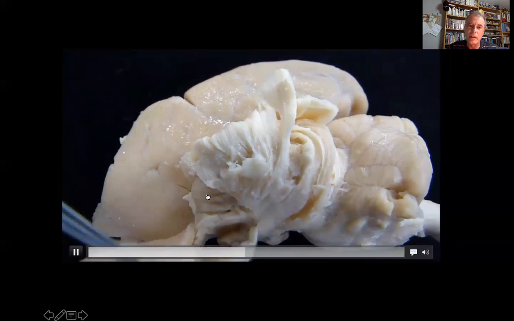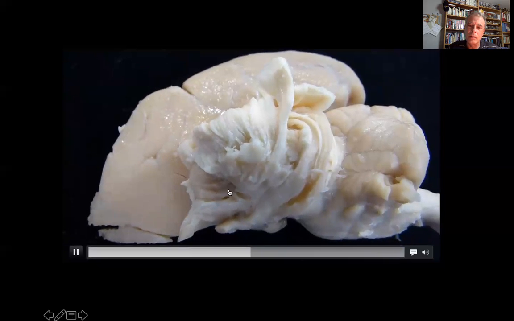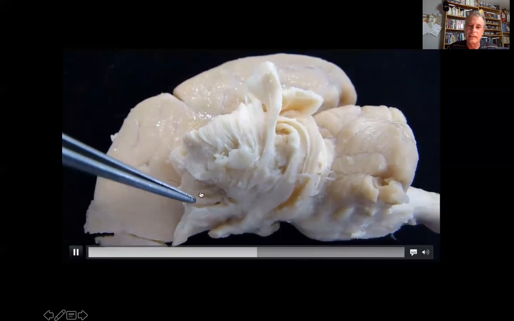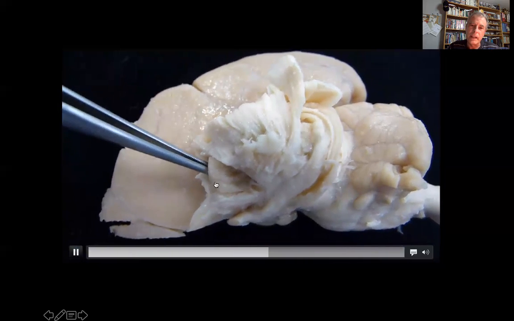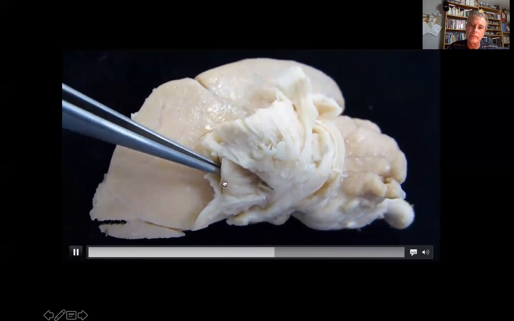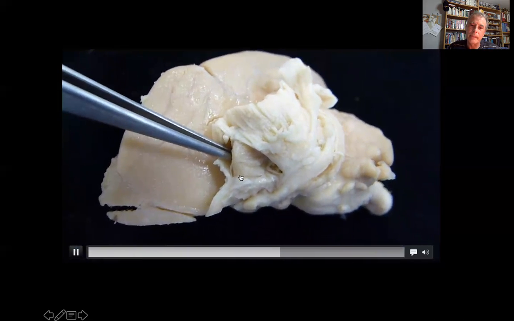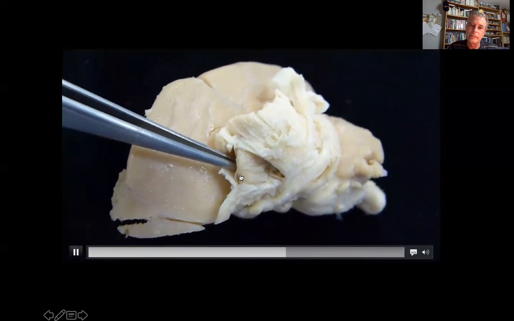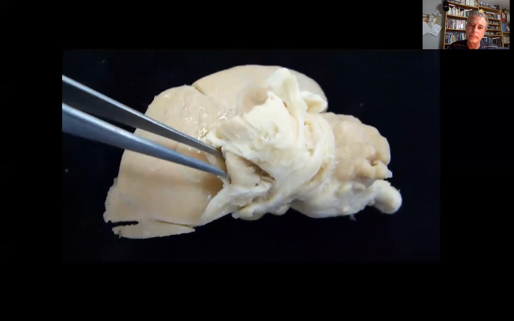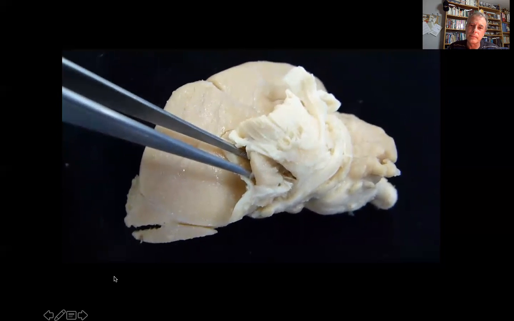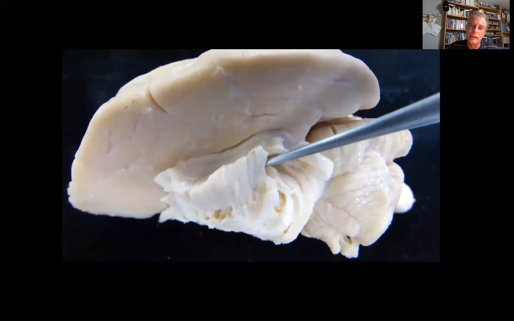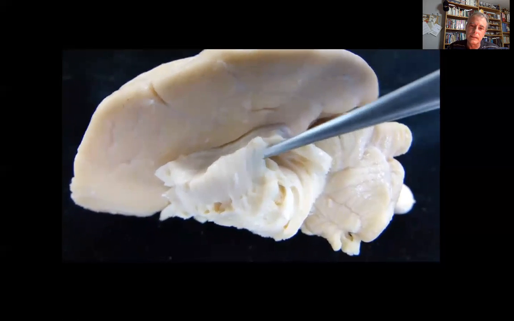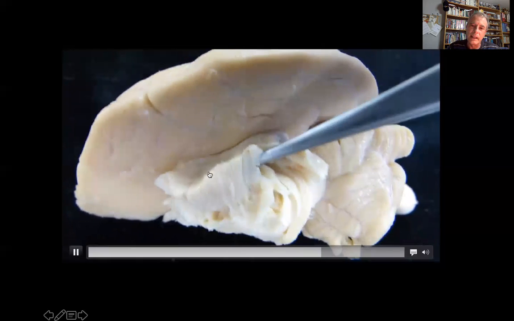Now we discover the caudate nucleus here. This is the caudate nucleus, and we introduce the forceps in the lateral ventricle. The centrum semiovale again.